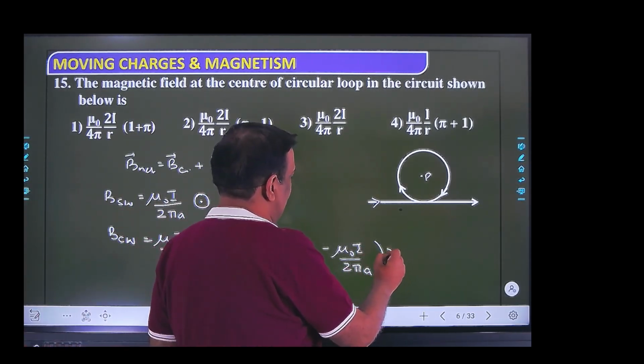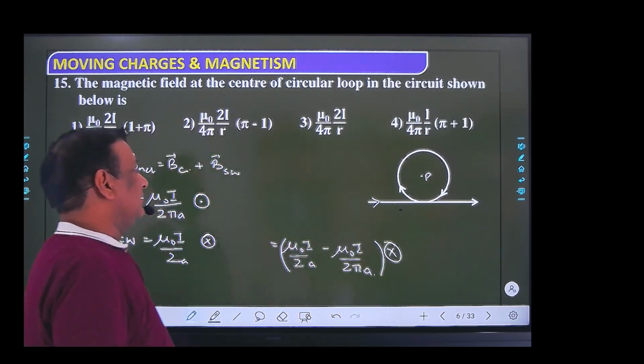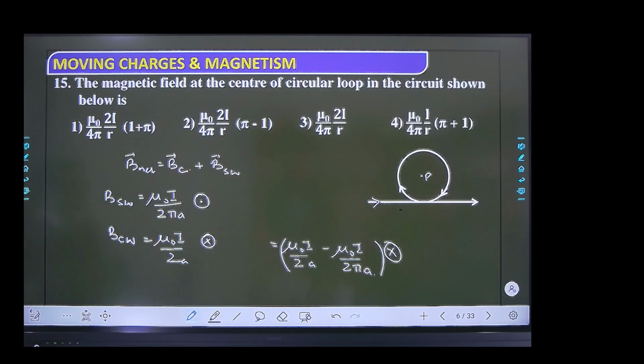Larger minus smaller, and direction same as larger. So it will be mu naught I by, the second part, that will be the answer.